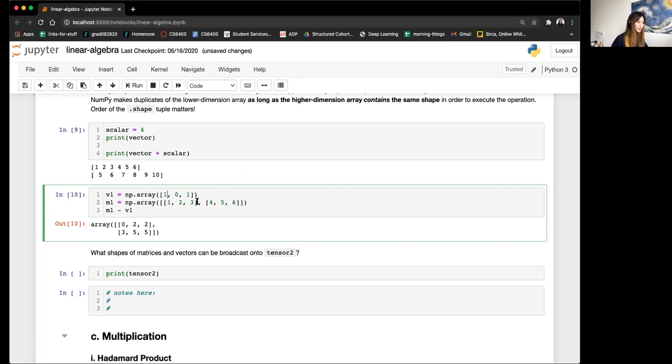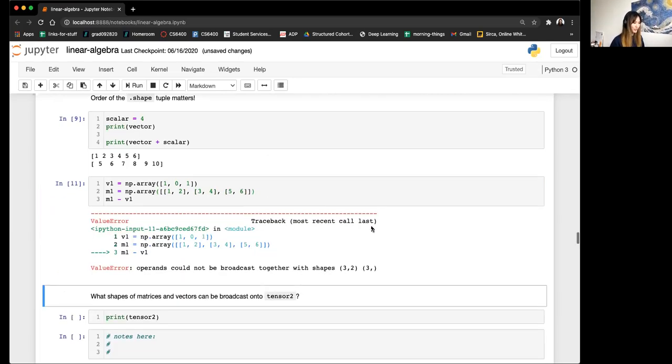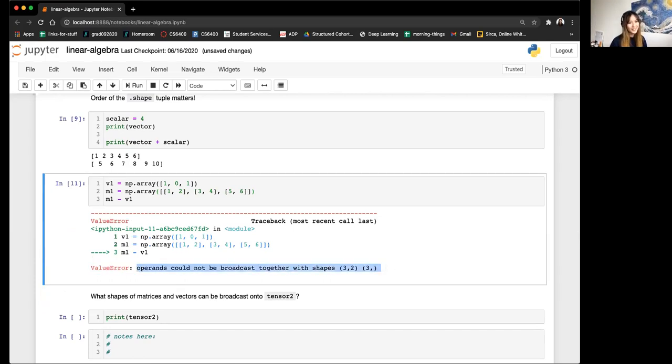Something that wouldn't work is, let's say I rearrange this such that it becomes a 3, 2 instead of a 2, 3, or did I say it the wrong way around? I forget. But anyways, if it looks like this, it wouldn't work because it will tell you it cannot be broadcast together. So just something to keep in mind: limitations of broadcasting.